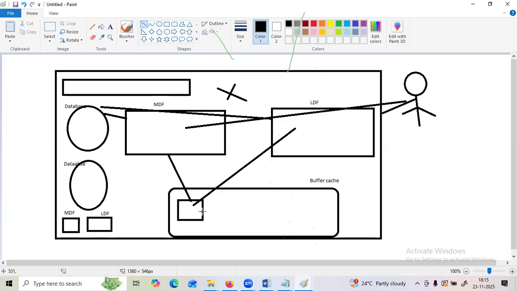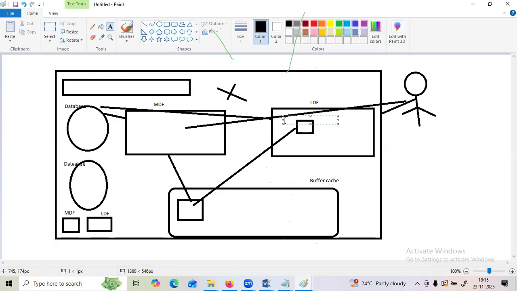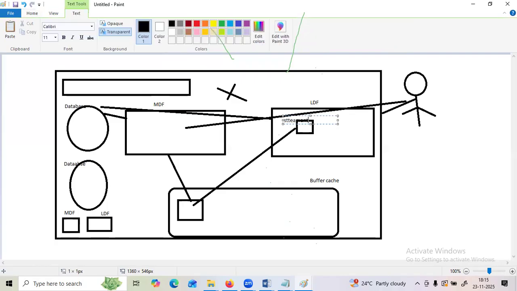Then, whatever modifications happen, simultaneously it starts recording those statements, using the LSN number.